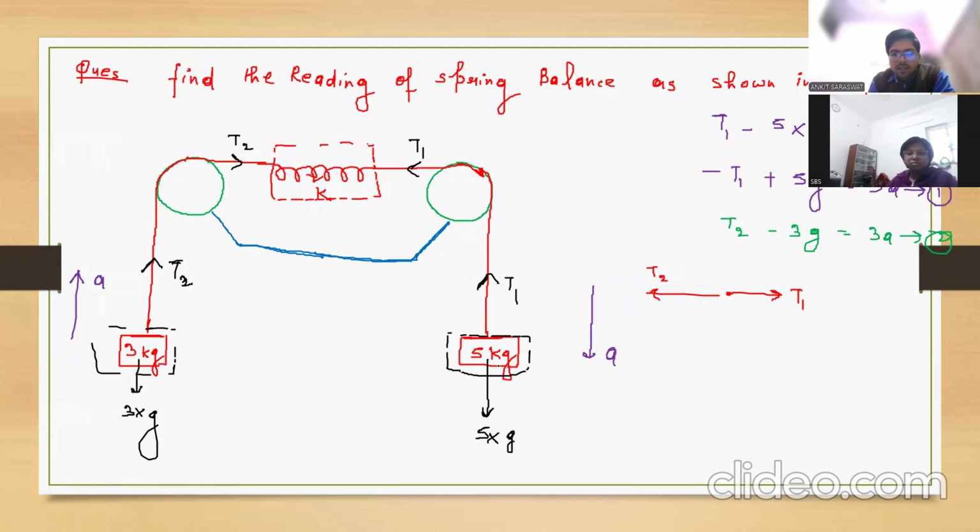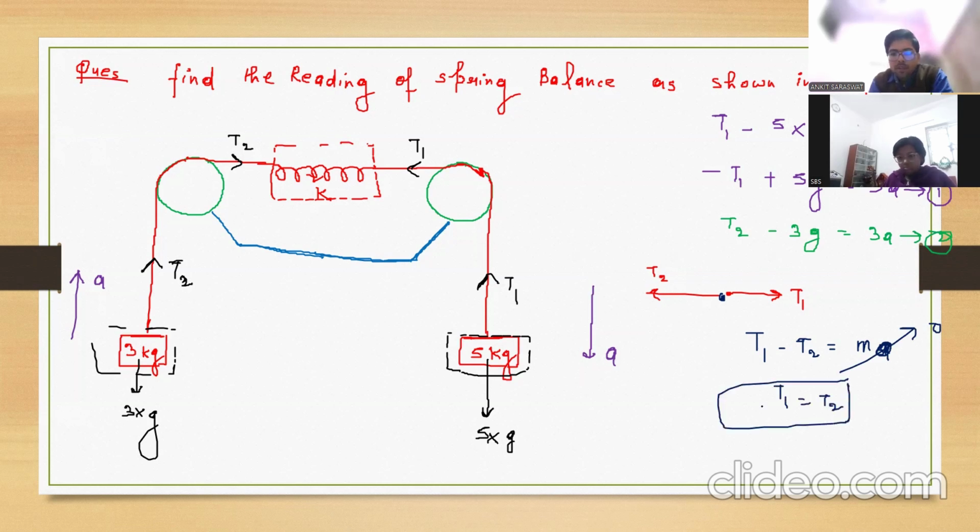Now this is a spring. Now apply Newton's law here. Net force T1 minus T2. Spring is massless. If you write M into A, this is negligible. M is negligible, very, very less. So in case of a spring, this is 0. So T1 is equal to what? T2. Clear? T1 is equal to T2.